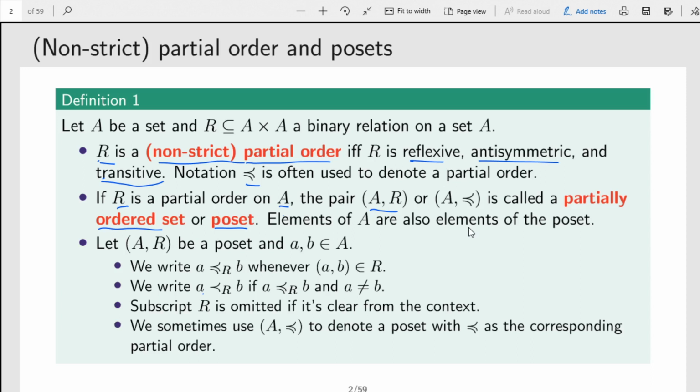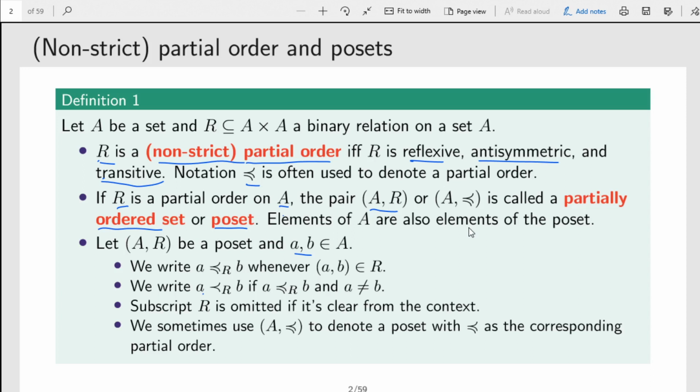And for two elements of A, small a and small b, we write a is less than or equal to b with subscript R whenever (a, b) is in R, and also a is less than b if a is less than or equal to b and a is not equal to b.